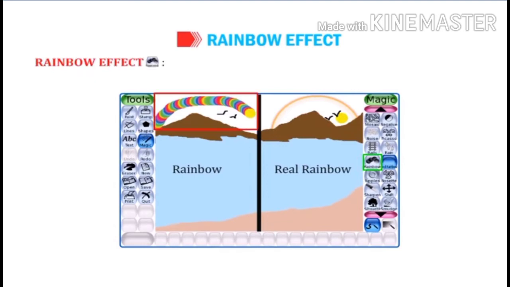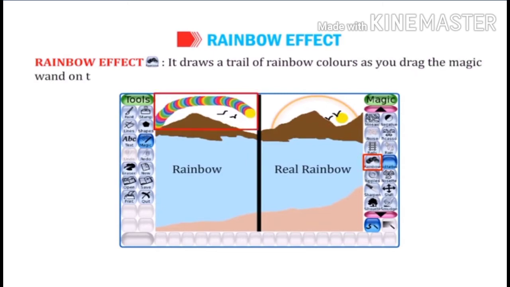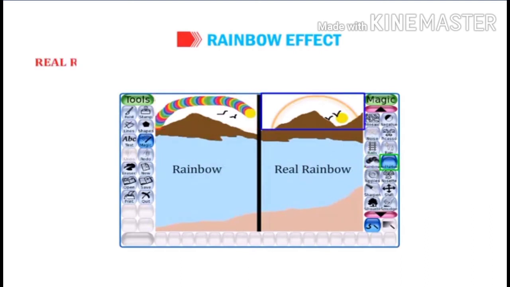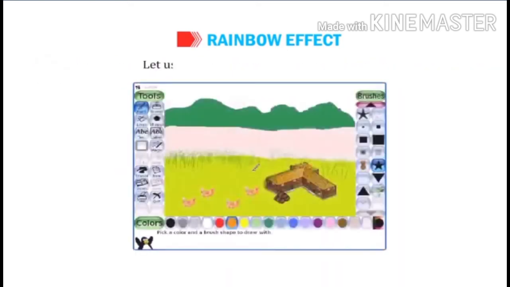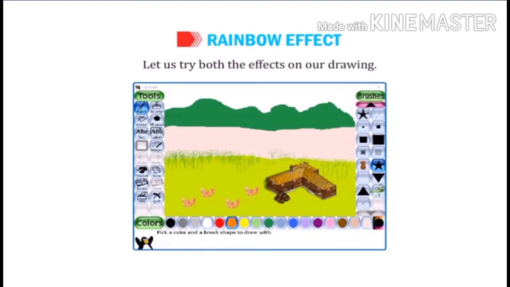Rainbow effect draws a trail of rainbow colors as you drag the magic wand on the drawing area. Real rainbow allows you to draw a rainbow just like the one you see in the sky after a rainfall. Let us try both the effects on our drawing.